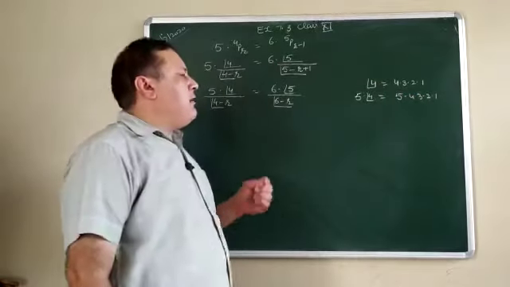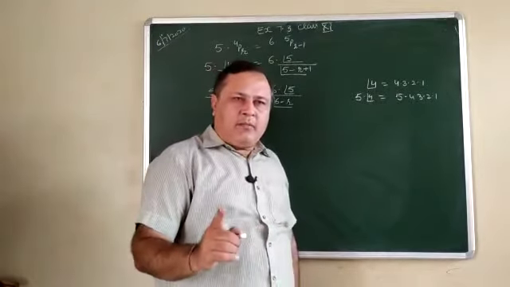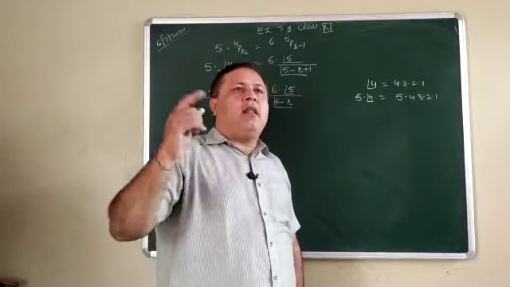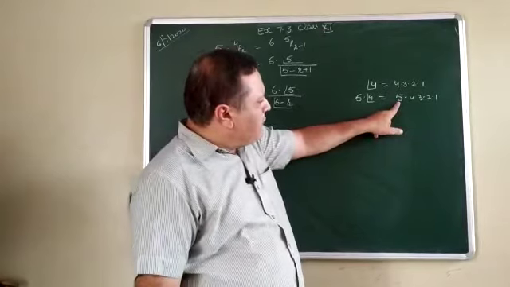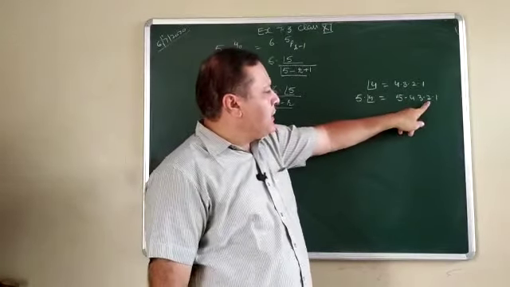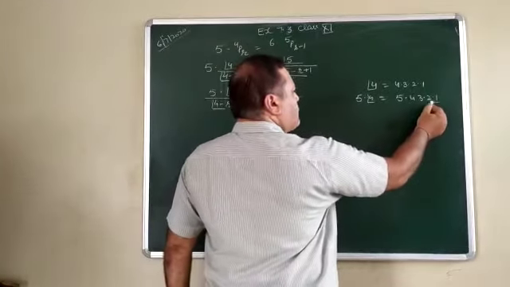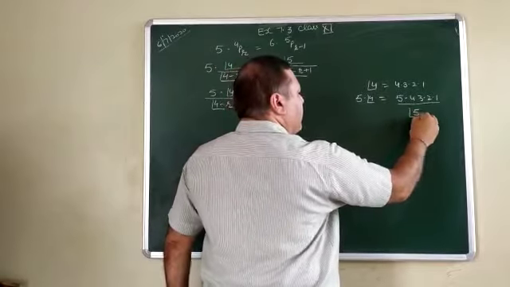Whenever we open a factorial, we start from that number and reduce 1 in each step until we reach 1. So it is a continuous product from 1 to 5, which can be written as 5 factorial.